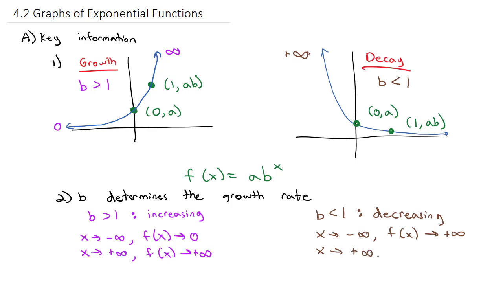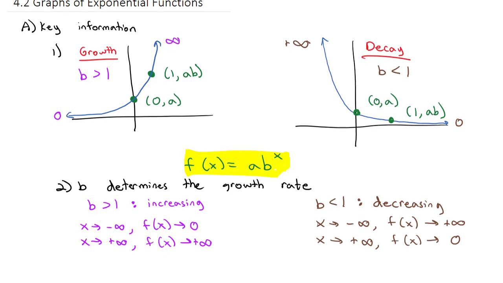But as x goes to positive infinity off the right, the graph is leveling off at a height of 0. So this is that essential information we need to know about this graph, f of x equals ab to the x. Using this information, we should be able to draw some graphs.